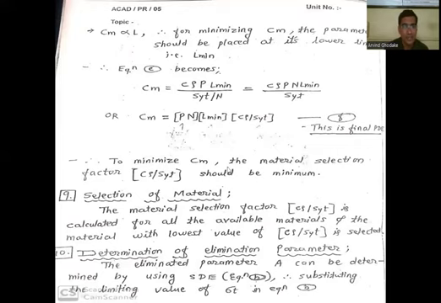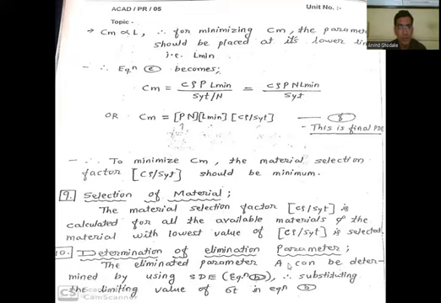To minimize the Cm, the material selection factor C rho upon SYT should be minimum. The material selection factor C rho upon SYT is calculated for all the available materials and the material with the lowest value of C rho upon SYT is selected. Then finally, determination of the eliminated parameters.